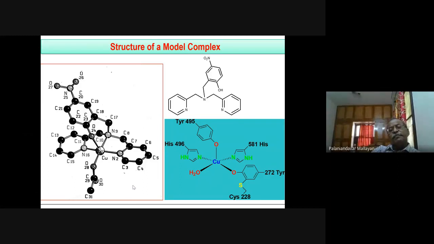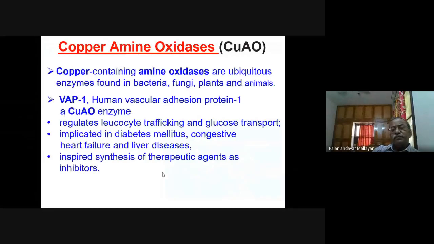So the second oxidase enzyme is copper amine oxidase. These copper-containing amine oxidases are ubiquitous enzymes. They are in bacteria, fungi, plants, and animals.